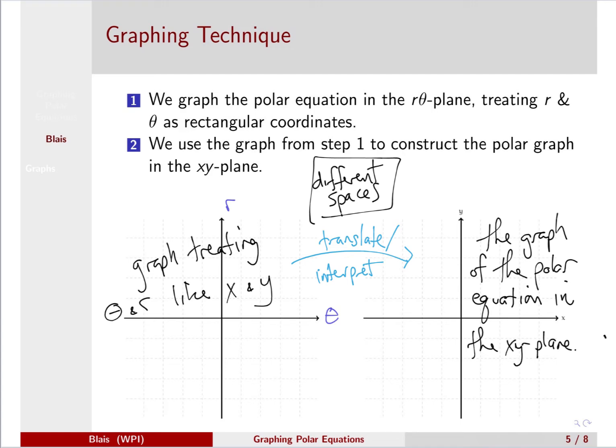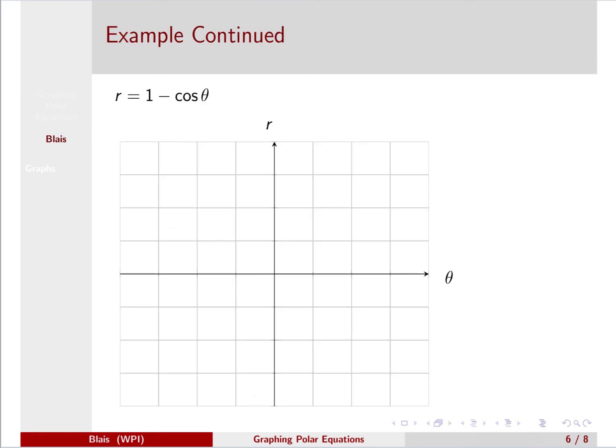So you can think of this as, over here, you get the story of how r and theta relate graphically when you treat r and theta like they were regular old rectangular coordinates, and then you use that story to translate and interpret it to see how the graph appears when you interpret r and theta as polar coordinates. It may sound a little strange, but it is well illustrated with an example.